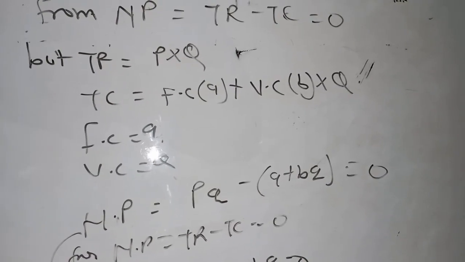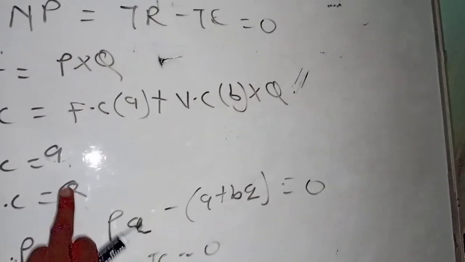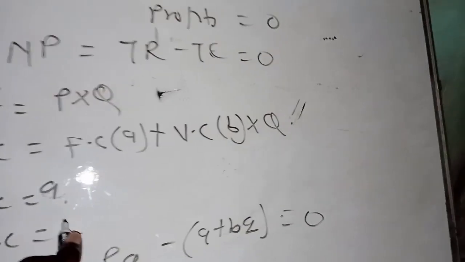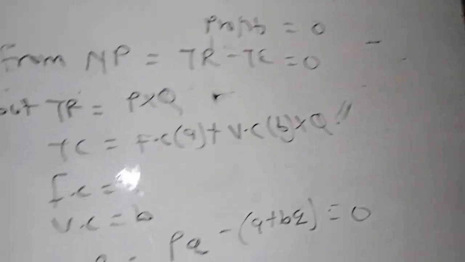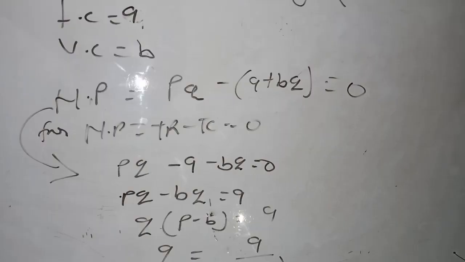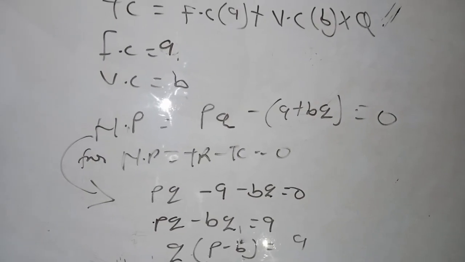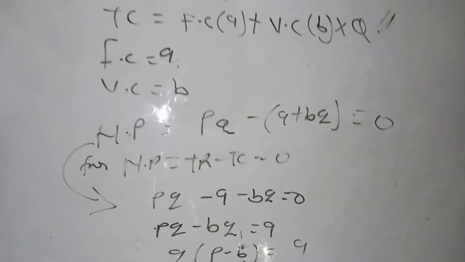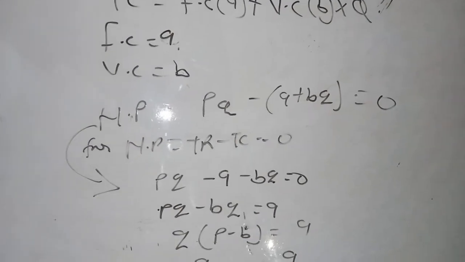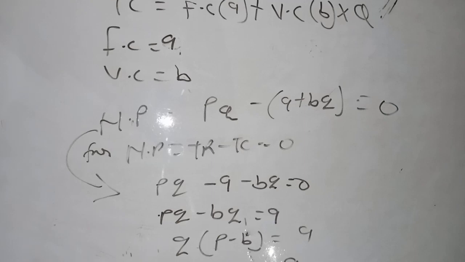Then if you look at our net profit, now we are substituting in the two items. Net profit equals total revenue, and the total revenue is price times quantity, that's why I'm having PQ.